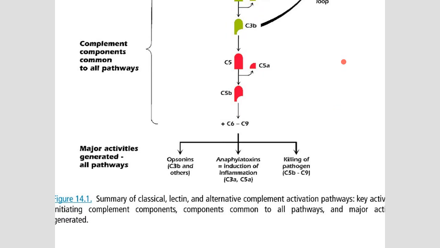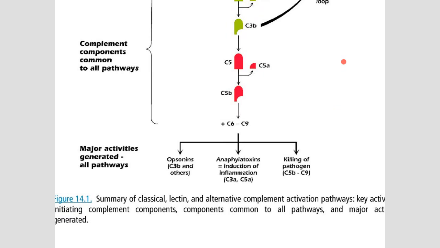Then we have the smaller portions like A, which we call anaphylatoxins. The way the word suggests, it is a toxin that is going to cause anaphylaxis. But we also need a little bit of a kick when we want to generate inflammation.